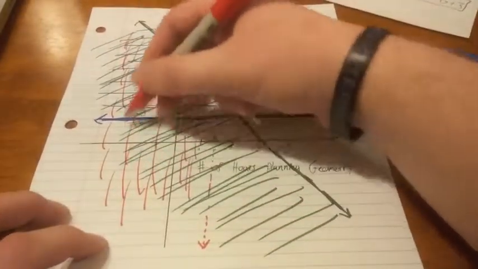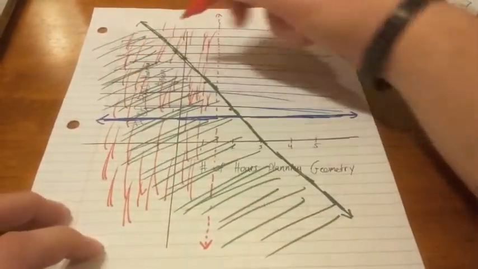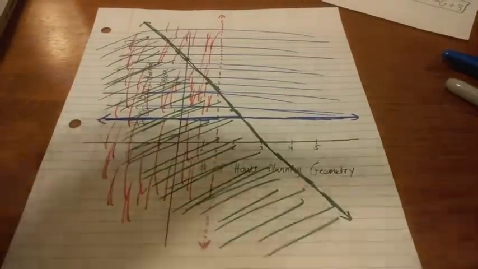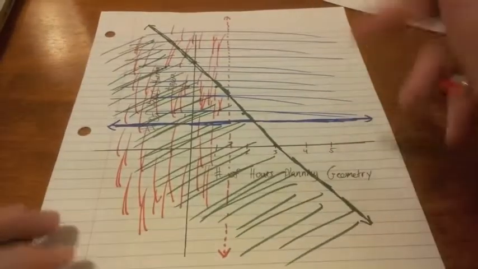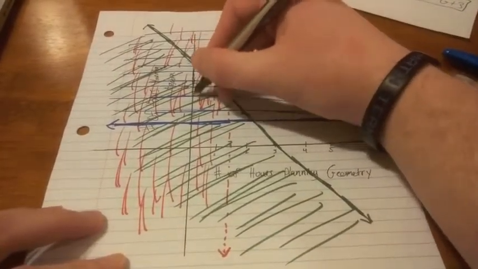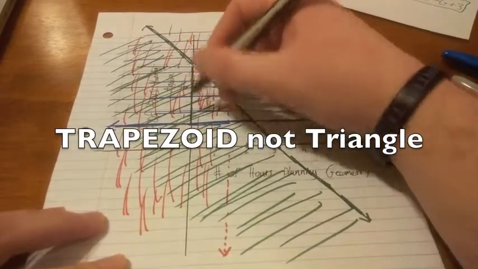Now, this might not be the world's greatest example, but if you look very closely, the only section in here that has all three types of shading is this triangle right in here, right?